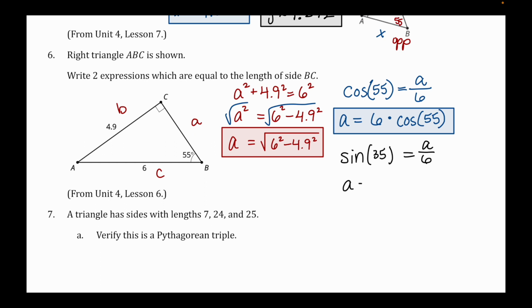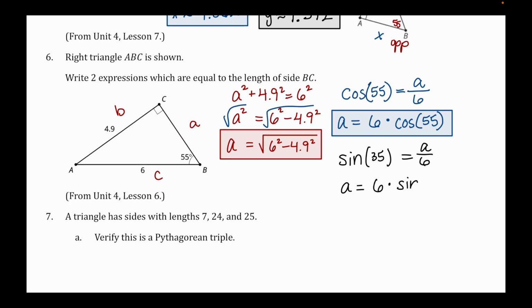So A would then be 6 times the cosine of, oh wow, I'm writing cosine because I'm looking at the one above it. 6 times the sine of 35. Yikes, making mistakes today. If I make mistakes while I'm solving, I tend to leave them in the video as long as I catch it while I'm doing it.